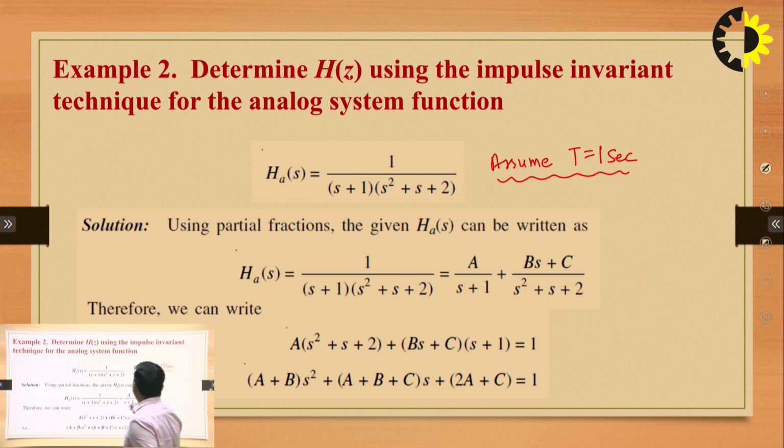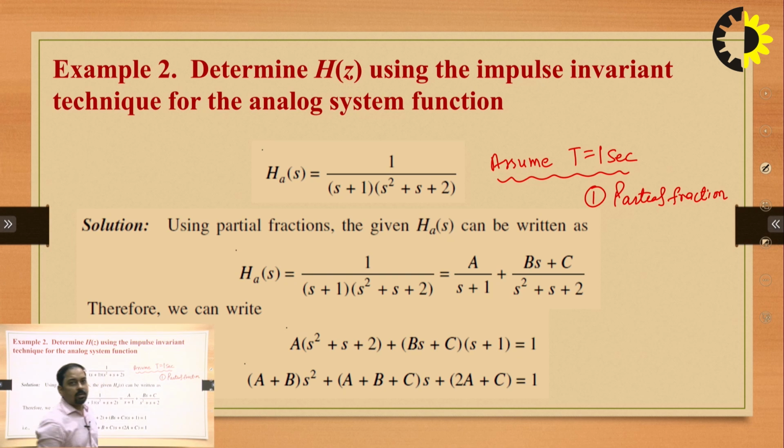So the first step here is that we'll be having h of s. From h of s, step 1 is partial fraction. So once we have the partial fraction, our analog system transfer function is basically converted into the most generalized cases, what we have already seen over here, that whenever we have a simple pole, when we have complex poles, like that.